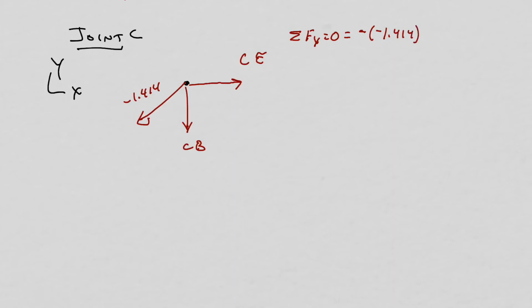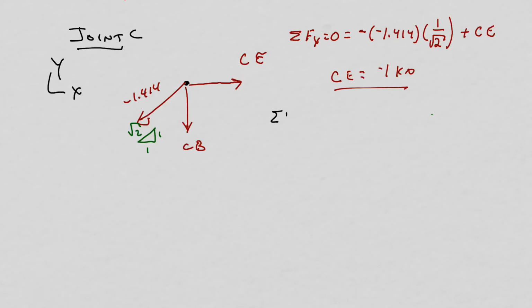If I do that, I have a negative times a negative 1.414 times our 1 over the square root of 2 plus CE. This will give us a value for CE. CE will equal negative 1 kilonewton. Then we sum forces in the Y direction.